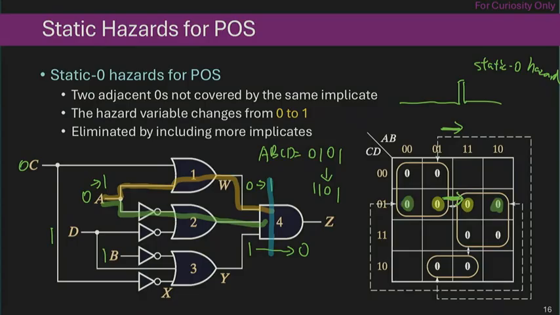Between these two adjacent zeros, you have a static hazard. Between the top and bottom, you would have a static hazard. Those are illustrated by the dotted lines in the diagram. We essentially do the same for SOP: we find adjacent minterms not covered by a shared implicant.